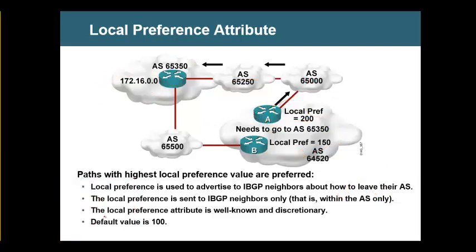See? What is the use of this local preference? It tells the iBGP neighbors how you should leave the autonomous system when you have multiple paths, which path you need to take to go out to reach the destination.